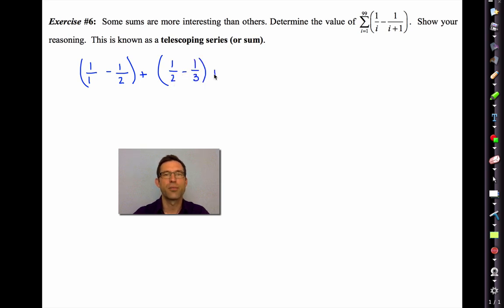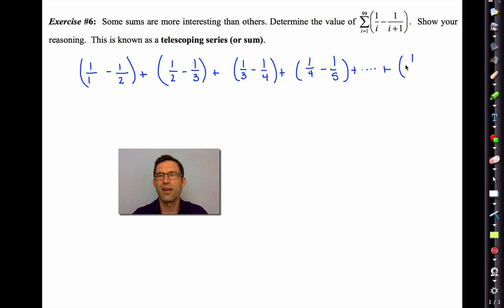That would be the next term. I'm not sure I see it yet. The next one, if I put 3 in there, I'd have 1 over 3 minus 1 over 4. And I think I see a little bit of a pattern. 1 over 4 minus 1 over 5 plus dot, dot, dot, plus eventually if I get 99, I'd have 1 over 99 minus 1 over 100.